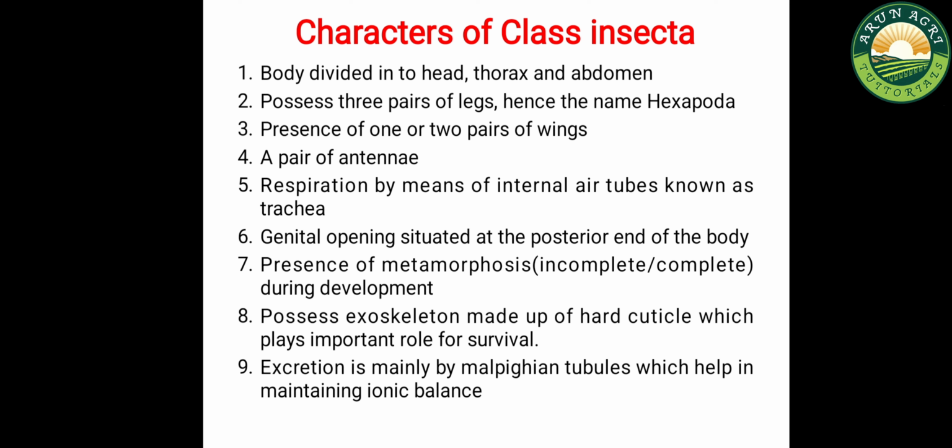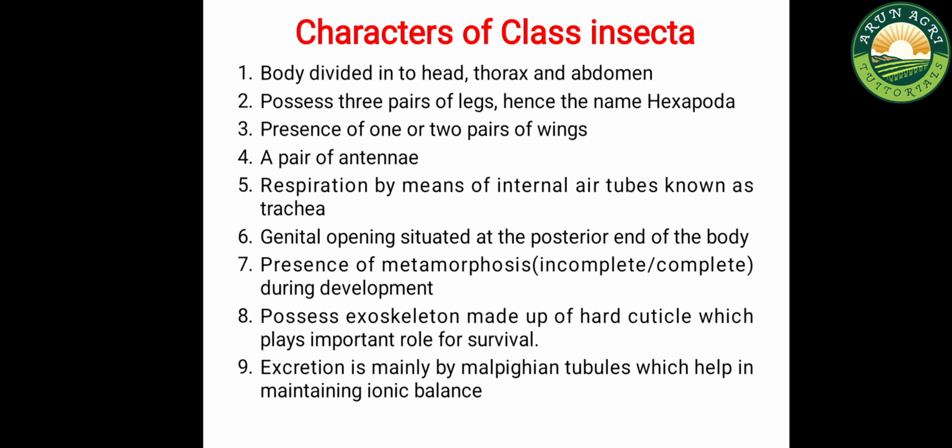Respiration is usually by means of internal air tubes called trachea, which is why it is also called tracheal respiration. Genital openings are usually situated on the posterior end of the body, that is the 8th and 9th abdominal segments. Presence of metamorphosis can be seen in insects during their development. It may be either incomplete or complete metamorphosis.